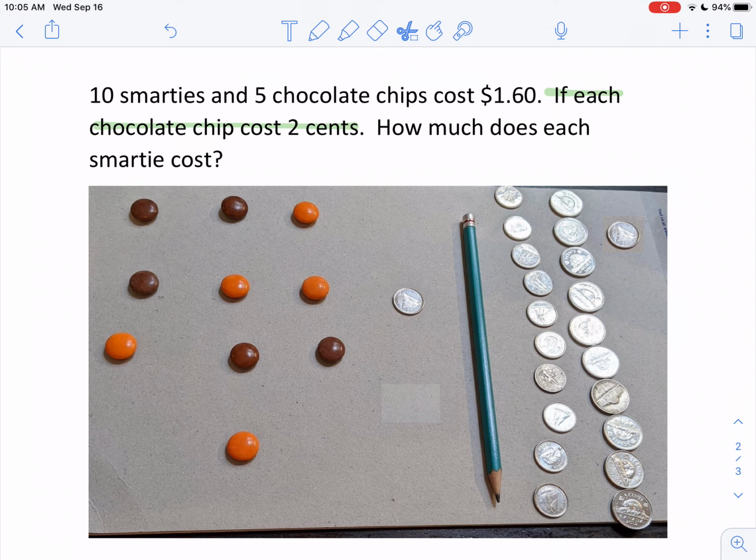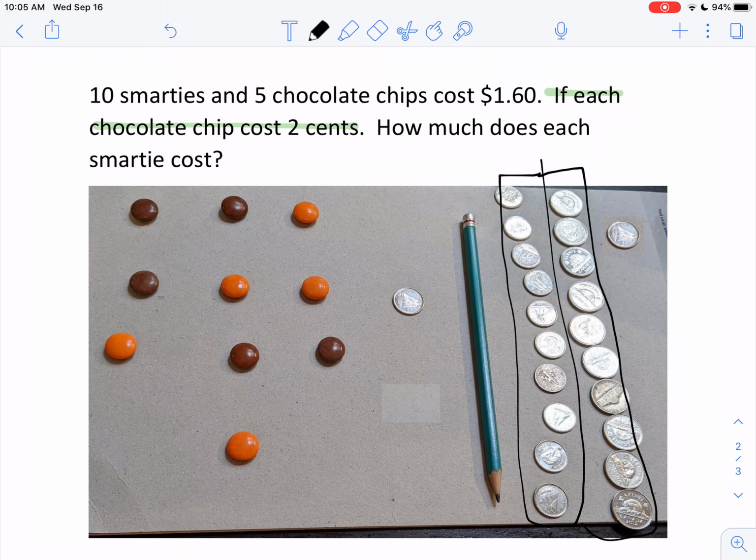And then on the other side here, we have $1 in dimes, we have 50 cents in nickels, and then we have this extra dime. That dime there is the dime for the chocolate chips.